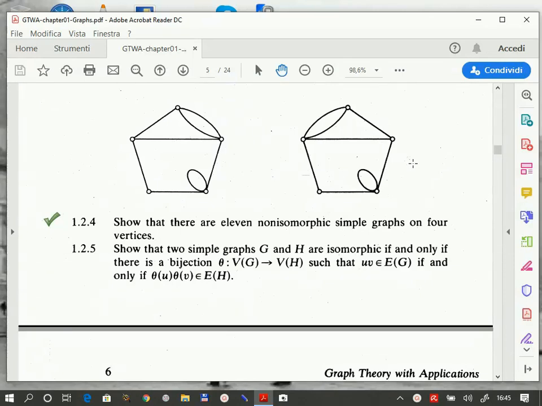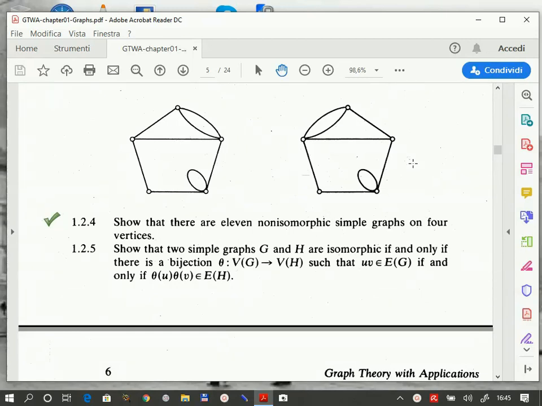Let me give names just to the vertices, not to write too many things. A, B, C, D, E. And here, U, V, W, X, Y. Okay?